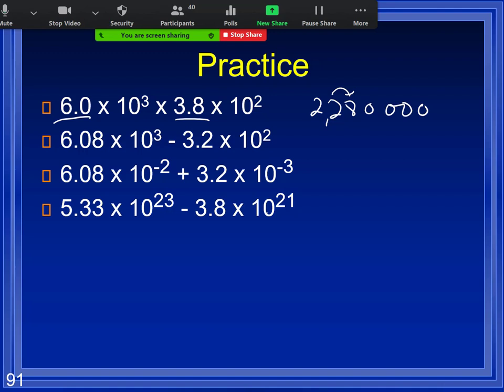Okay, let's try the second one. 6.08 times 10 to the 3rd minus 3.2 times 10 to the 2nd. My calculator gives me 5,760.